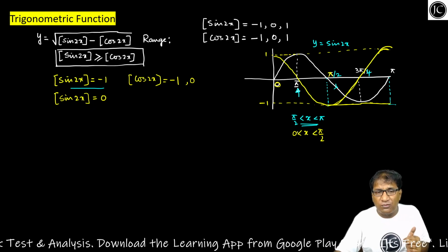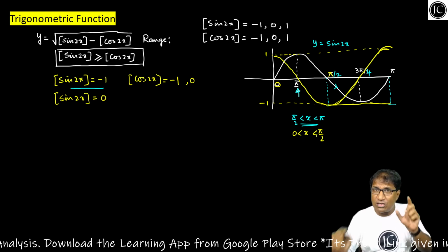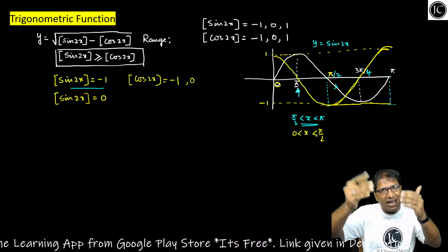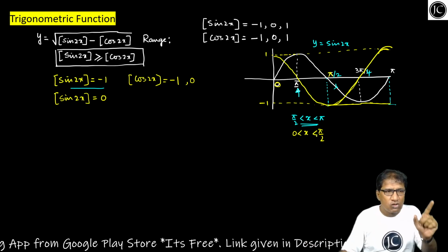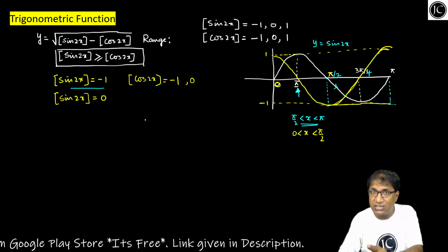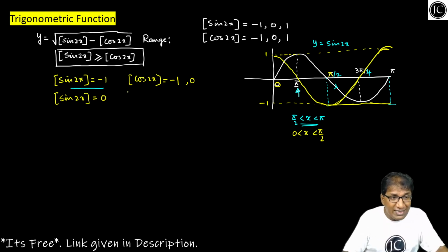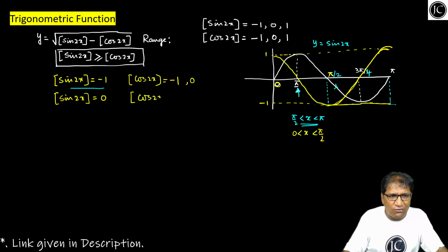Why? Because from 0 to pi by 2, your sin 2x is ranging its value from 0 to 1, और उसका ग्रेटेस्ट इंटीजर फंक्शन होगा 0. So when box of sin 2x is 0, we can say that x is lying between 0 and pi by 2. But what about cos of 2x?